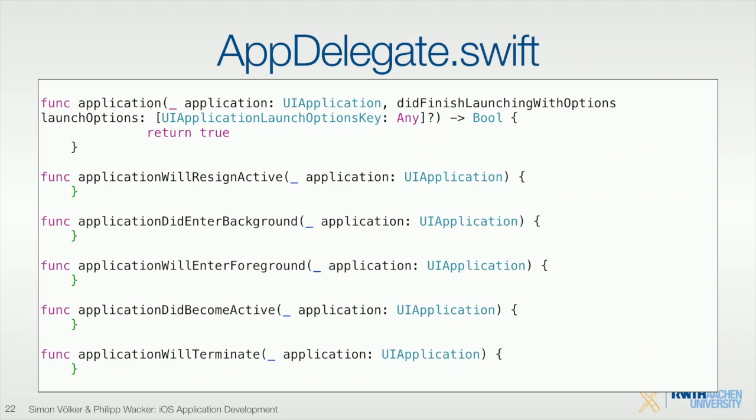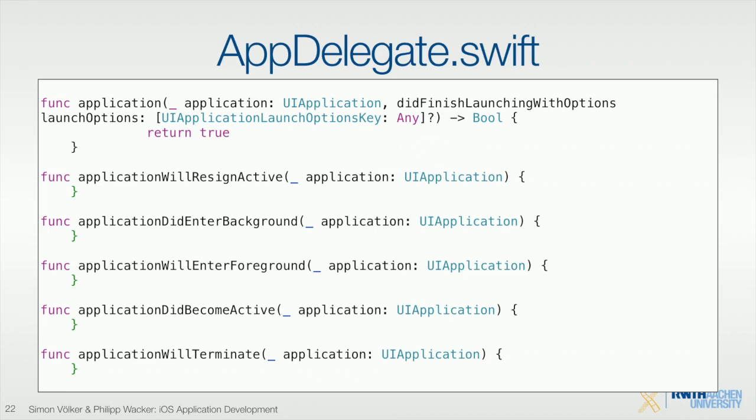Application will terminate is then also, this app is closed down, or will close down, do everything that you want to finish, and then it will go into the suspended state. And did enter background and will terminate, usually you won't use them together because one can be achieved by the other.